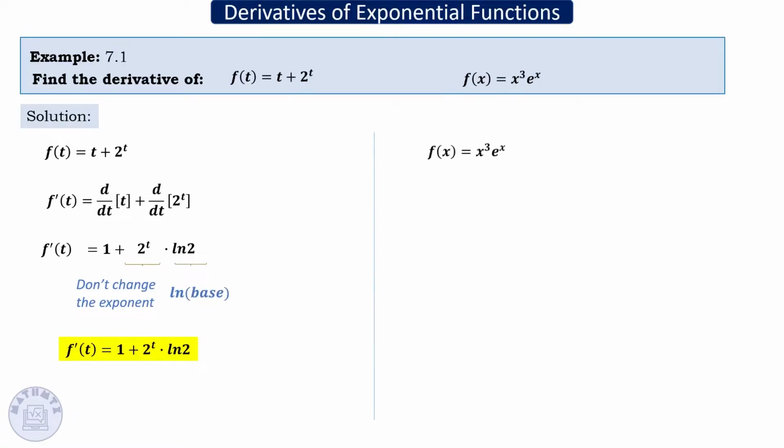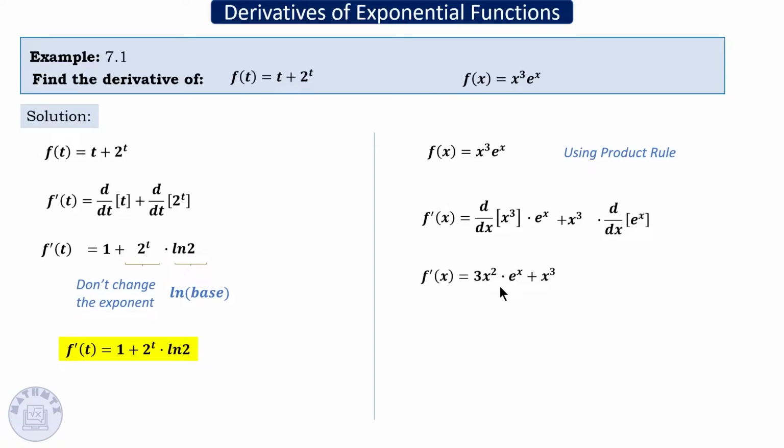Now in the second question, you have x power 3 e power x. And here we have to use the product rule: the derivative of the first term times the second plus the first times the derivative of the second. The derivative for x power 3 is 3x squared.